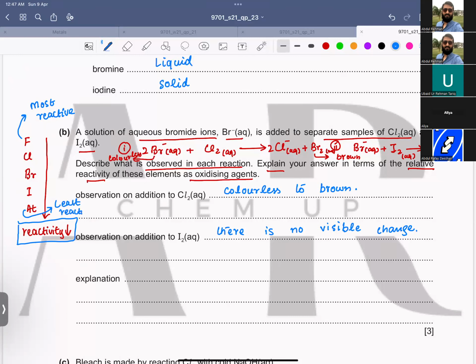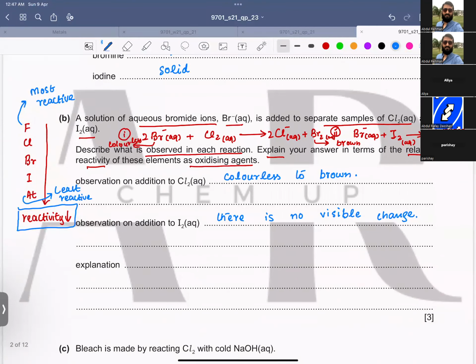So the rule states that the one which is more reactive element displaces the ion of the less reactive. That is the rule, or that is the trend, of how the reaction takes place.